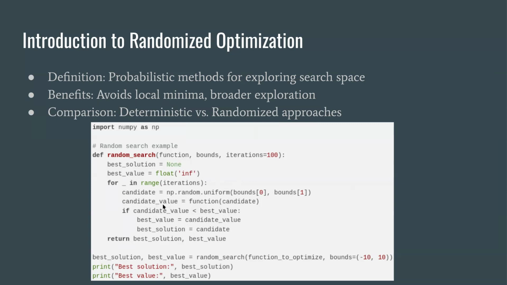Only if the candidate value is less than the best value, we update the best value and best solution, and we return the best solution. So we will just do this 100 times and find the best value and solution within the uniform distribution of bounds.